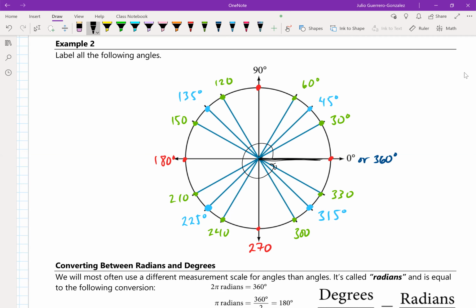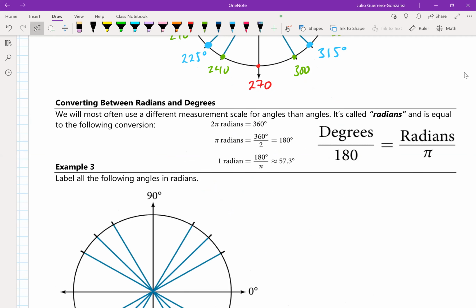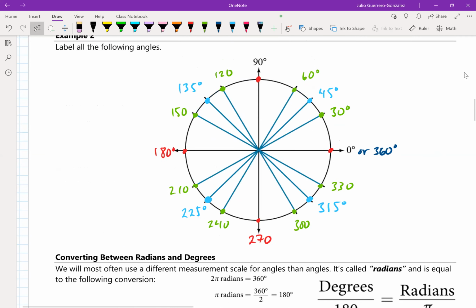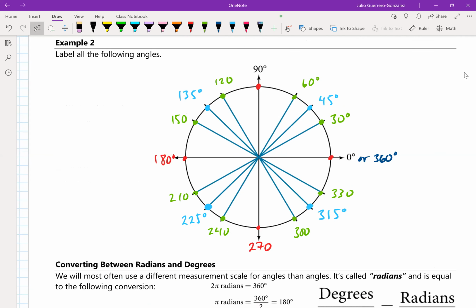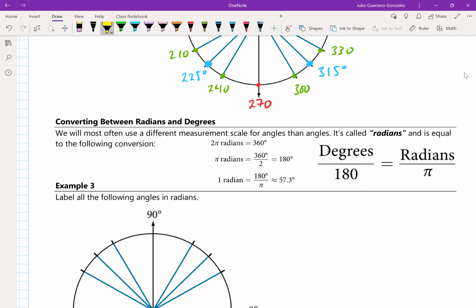Okay, so let me move down to here. So we know a bunch of the angles, okay? There is what's called a radian, okay? And the radian is what we define.